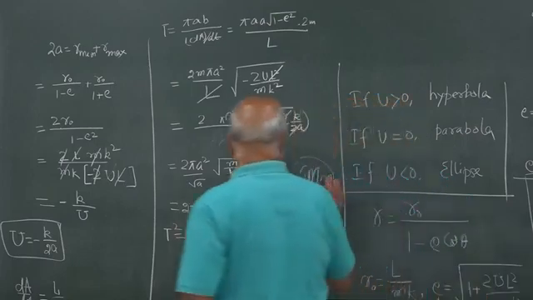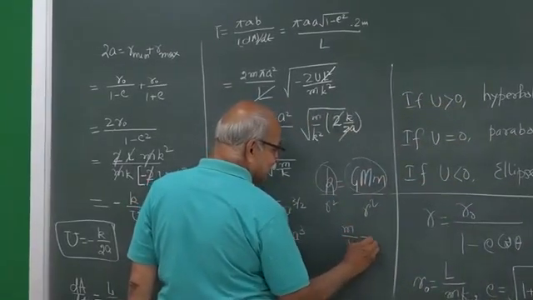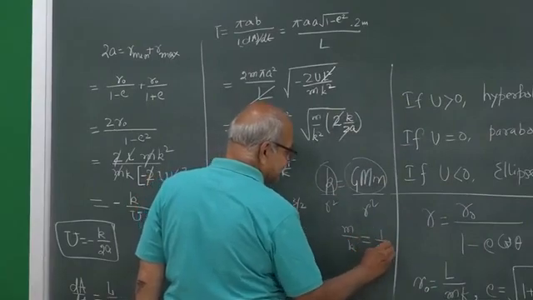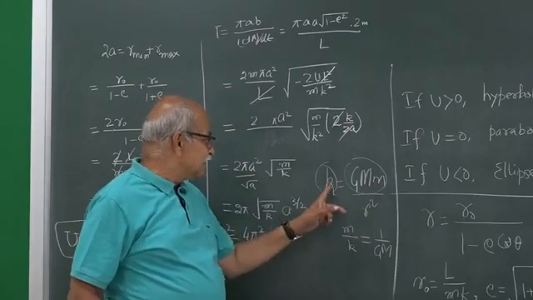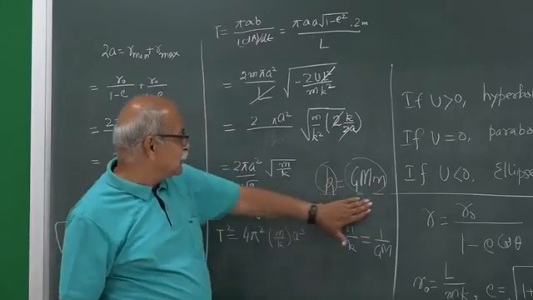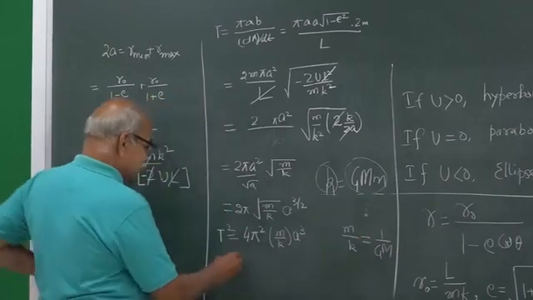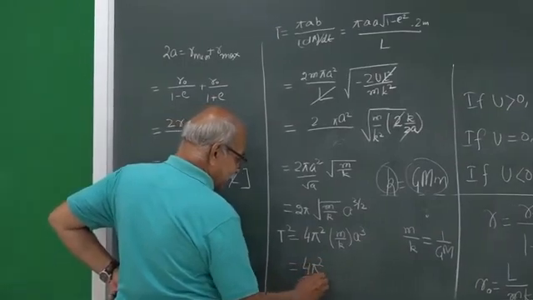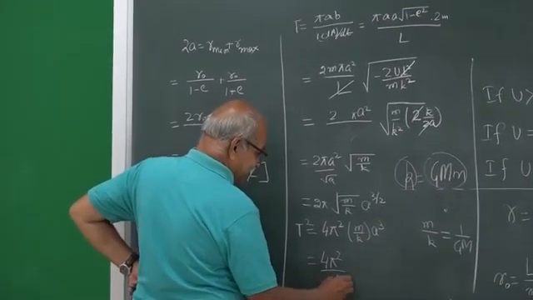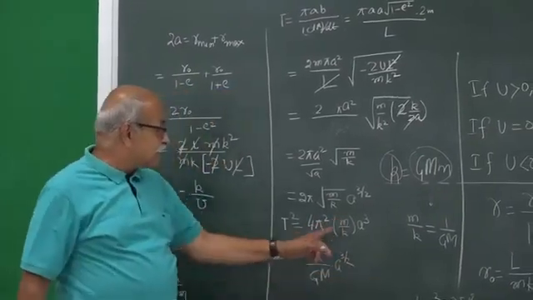What is m by k? Small m divided by k is equal to 1 by capital G M. So, this is 4 pi square divided by capital G capital M a power 3 by 2. The mass of the particle has gone.